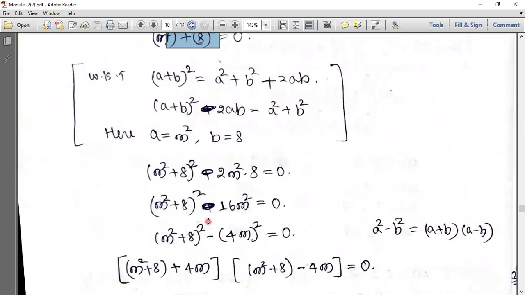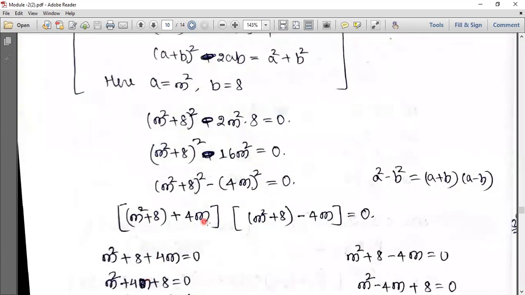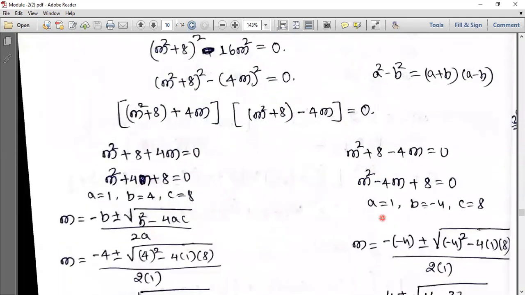So m square plus 8 the whole square minus 16 m square is equal to 0. Next, this is a square minus b square, which is a plus b, a minus b, where a is m square plus 8 and b is 4m. So m square plus 8 plus 4m, m square plus 8 minus 4m, is equal to 0.